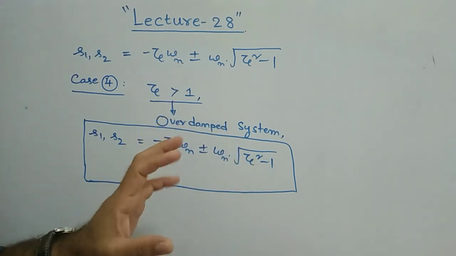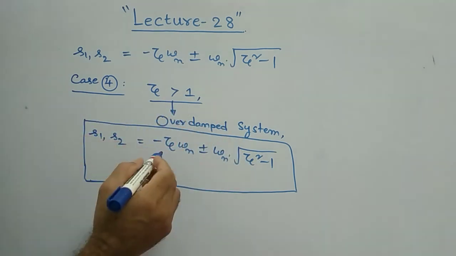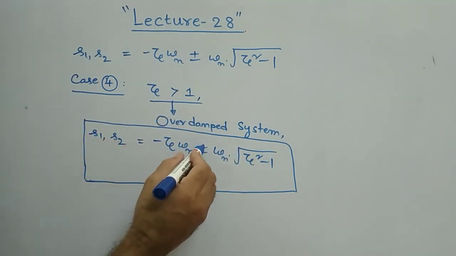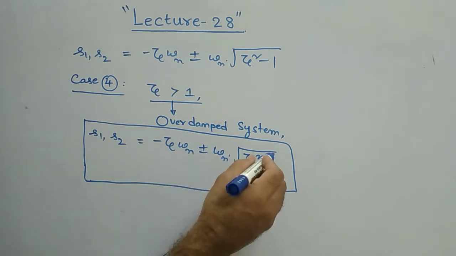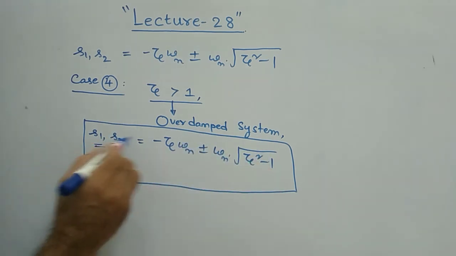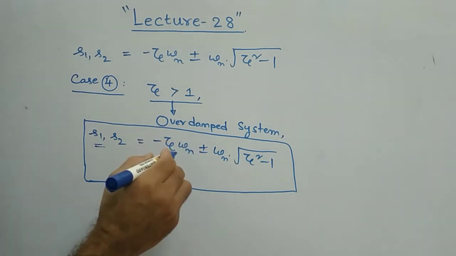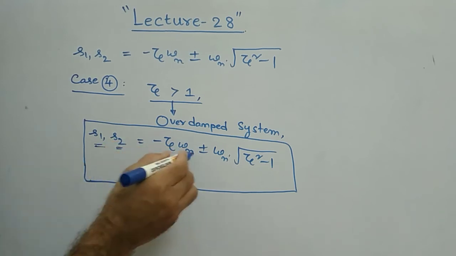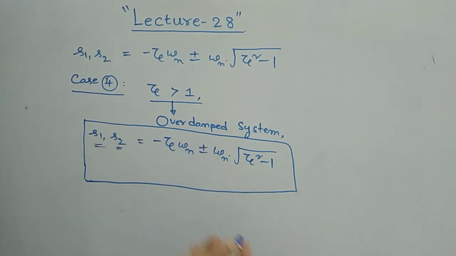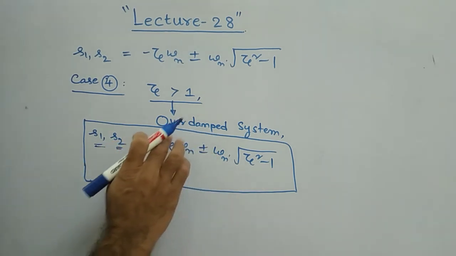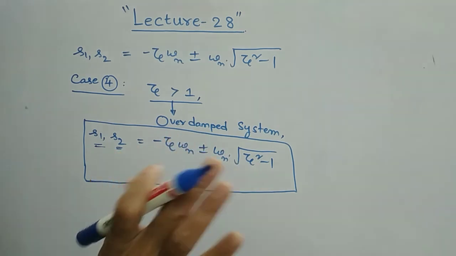So s1 is equal to minus zeta omega n plus omega n into square root of zeta square minus 1. For s1, you consider the plus sign first, and for s2, consider the minus. If you consider plus, some value will come, definitely real.